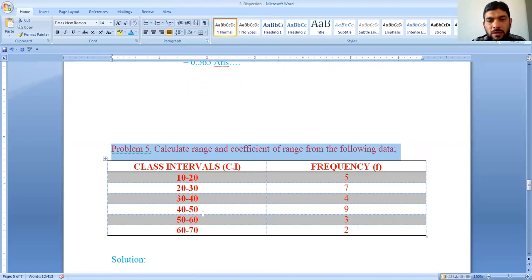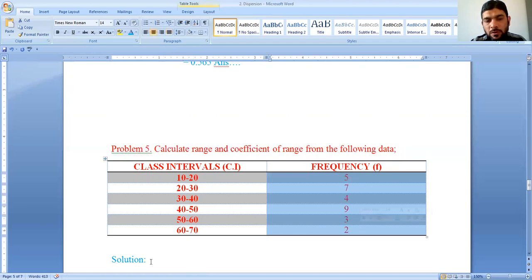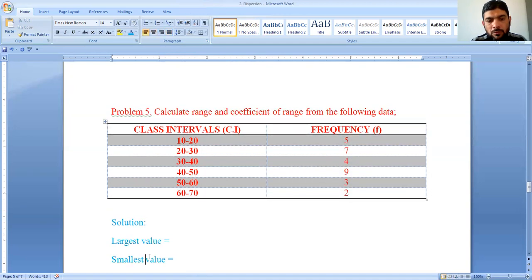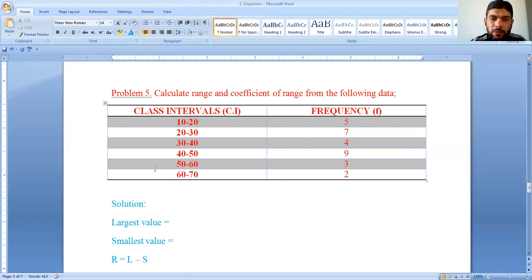We have class intervals 0 to 10, 10 to 20, 20 to 30, 30 to 40, 40 to 50, 50 to 60, and 60 to 70, with their respective frequencies for each class interval. Here also we have to take the largest value and the smallest value from the class intervals. The smallest class interval is 10 to 20 and the smallest value is 10. The largest class interval is 60 to 70 and the largest value is 70.